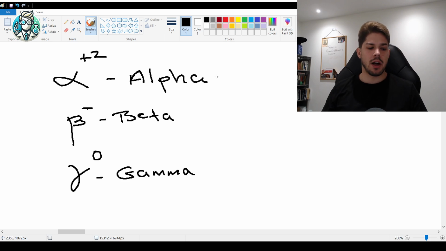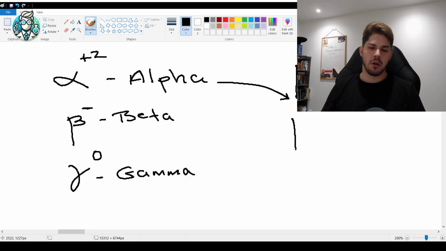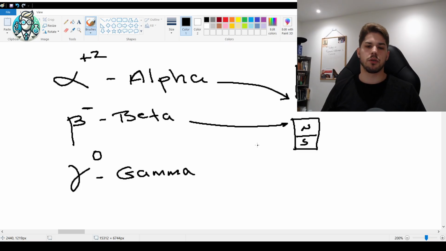So alpha, for example, if I put a magnet north-south, alpha particle will move away from the north and will go to the south. It will feel attracted by the south. Beta, north and south, it will be repelled by the south and go to the north.